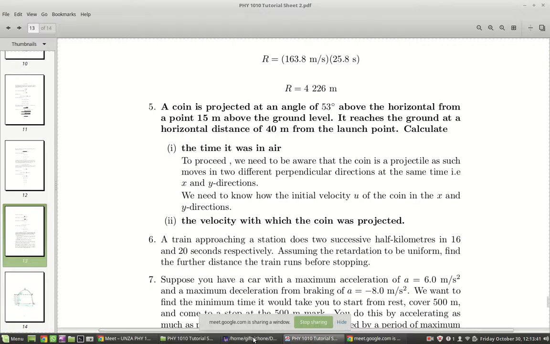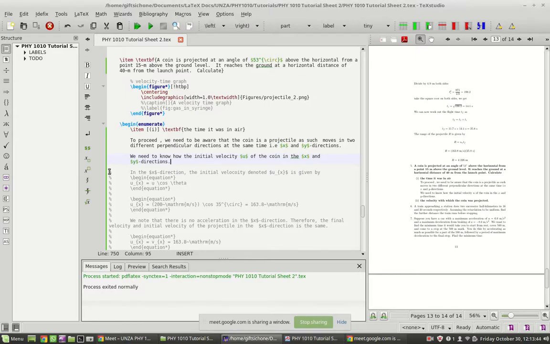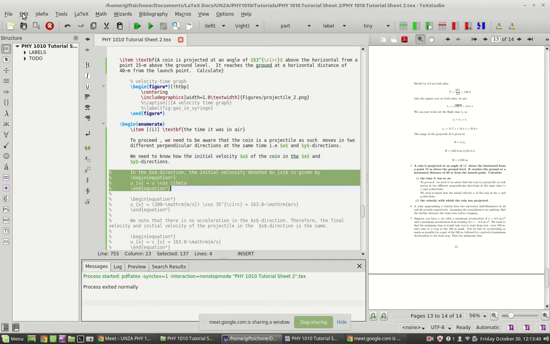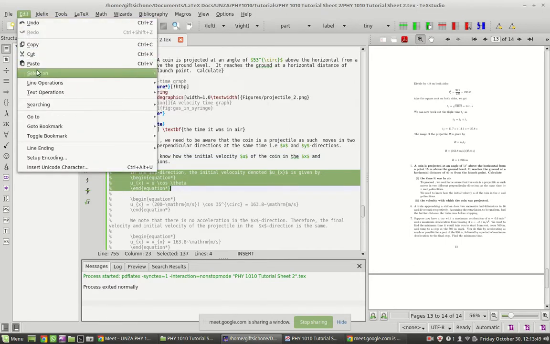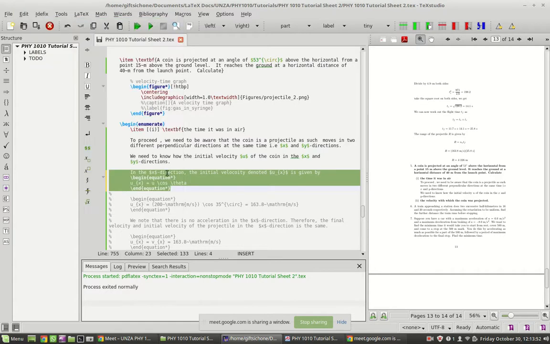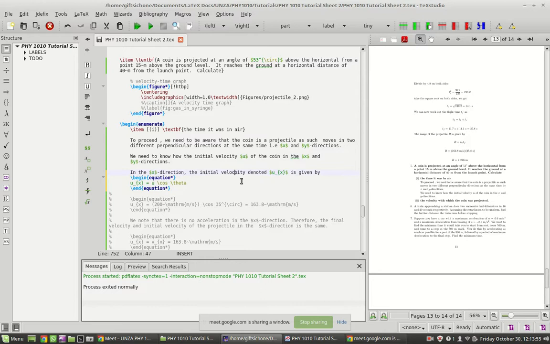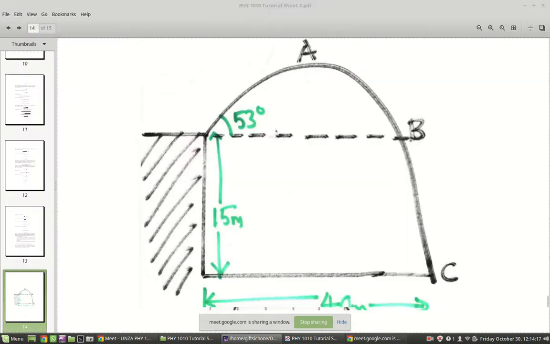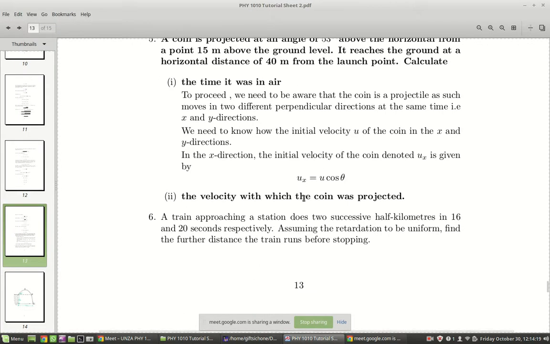In the x direction, the initial velocity of the coin, denoted ux, is given by ux equals u cos theta, where u is the launch velocity.